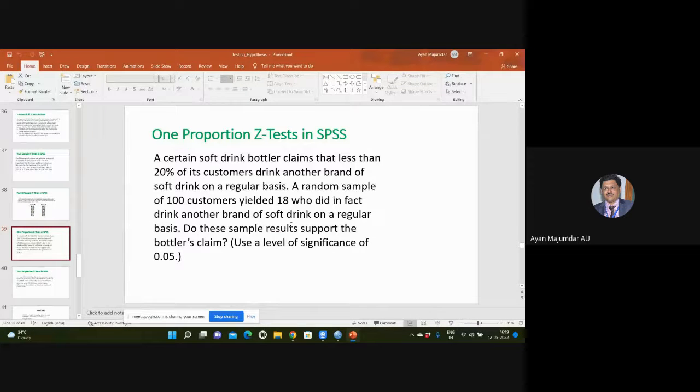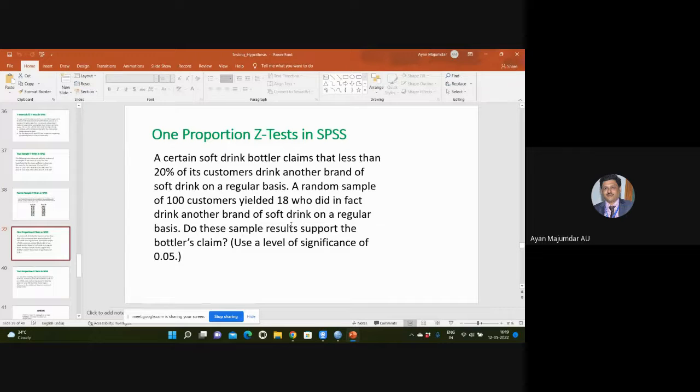Let us take one example. A certain soft drink bottler claims that less than 20% of its customers drink another brand of soft drink on a regular basis. So his claim is that less than 20% of the customers will drink another brand.